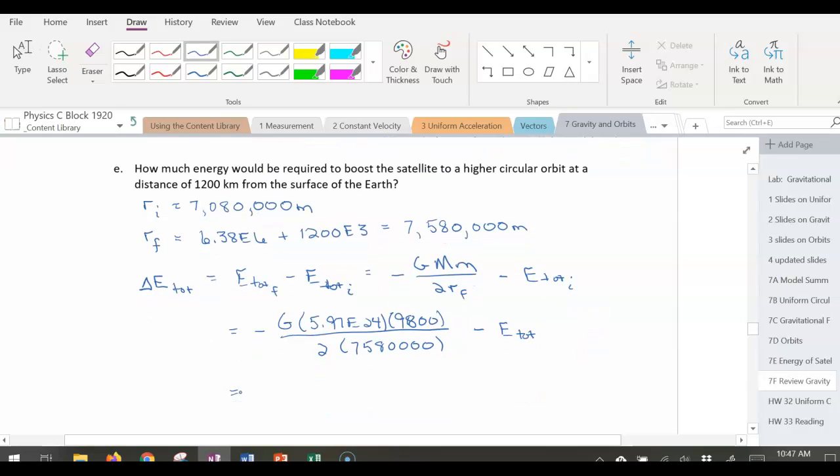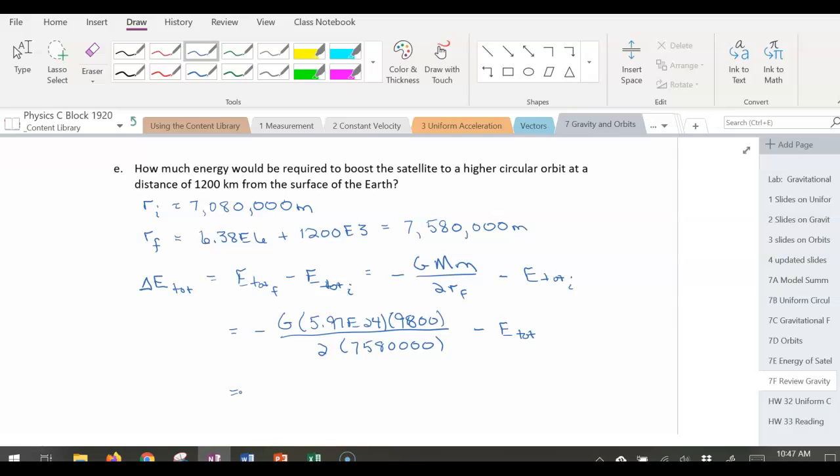Let me find that. Gravitational constant times the product of the masses, and then dividing by 2 times that new orbital radius.